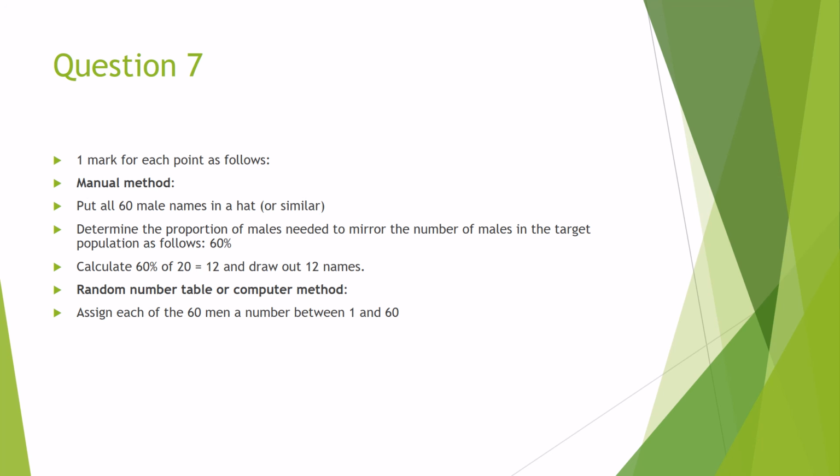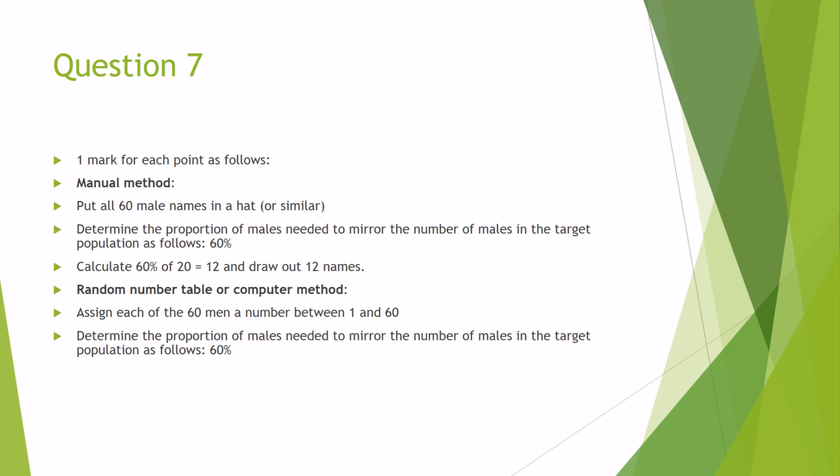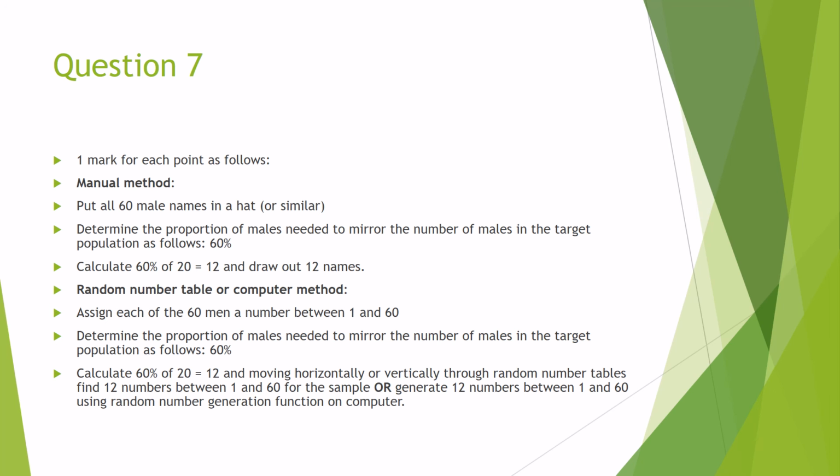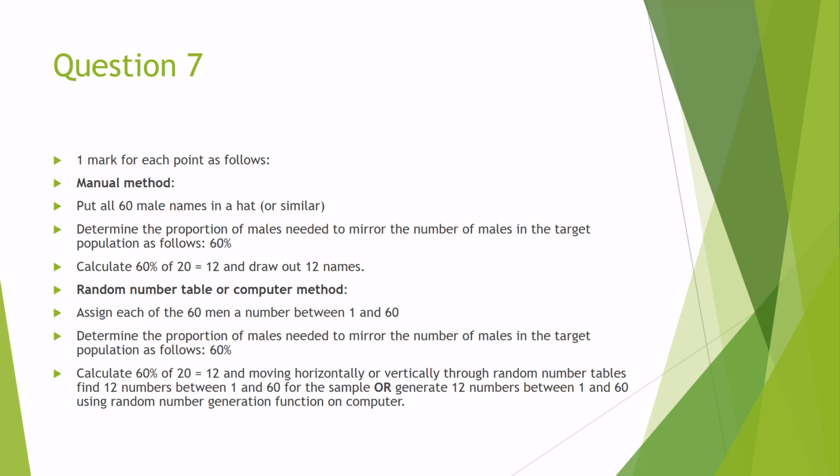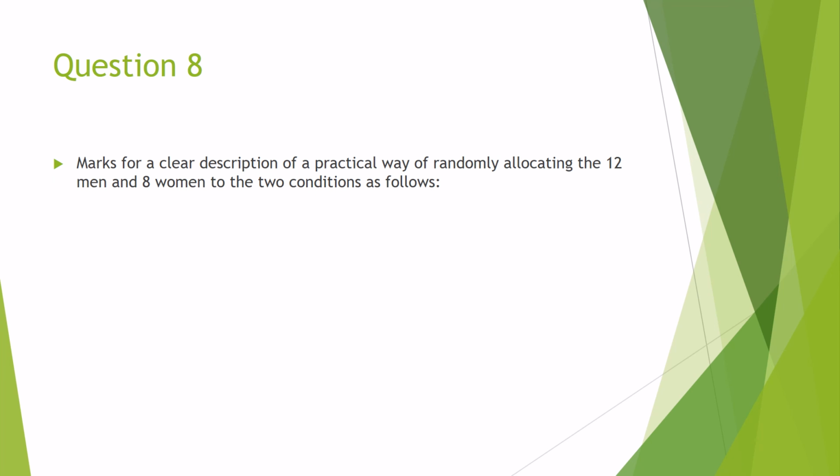Or if you said put all of their names in a random name generator, that's the same thing. Determine the proportion of males needed, so 60%, and calculate 60% of 20, which is 12, and then randomly generate their name or the number that's associated with them. Okay, but the most important thing there is the 60% or the 40%.